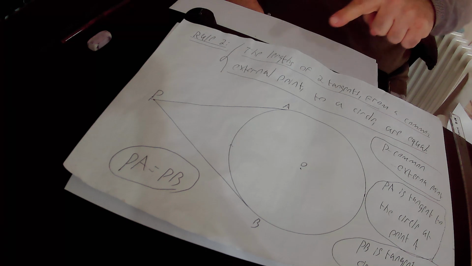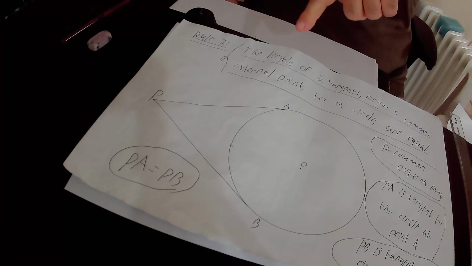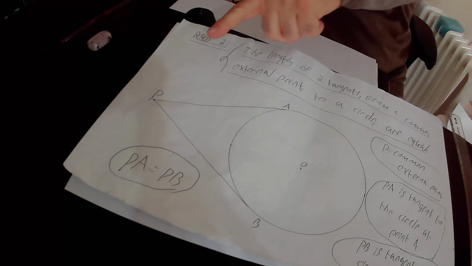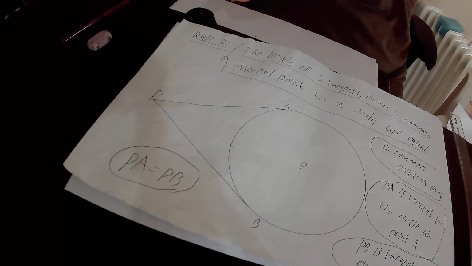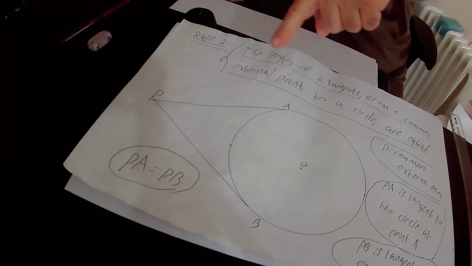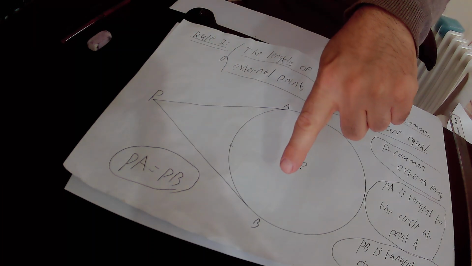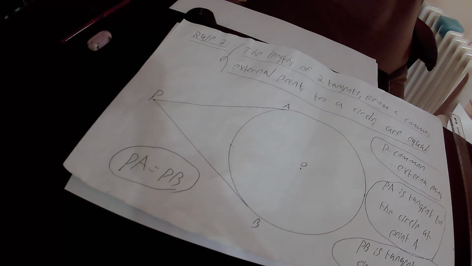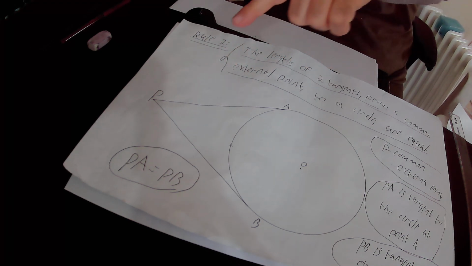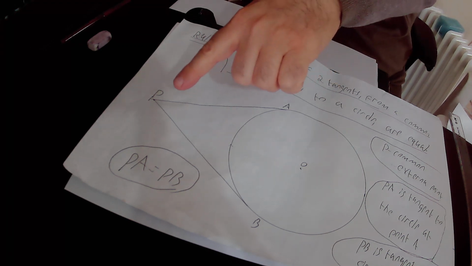So in the drawing we have a circle and a common external point, point P. From point P we have two tangents to this circle: tangent PA, tangent to the circle at point A, and tangent PB, tangent to the circle at point B. According to rule 2, the lengths of those two tangents are equal, that is to say, PA is equal to PB.